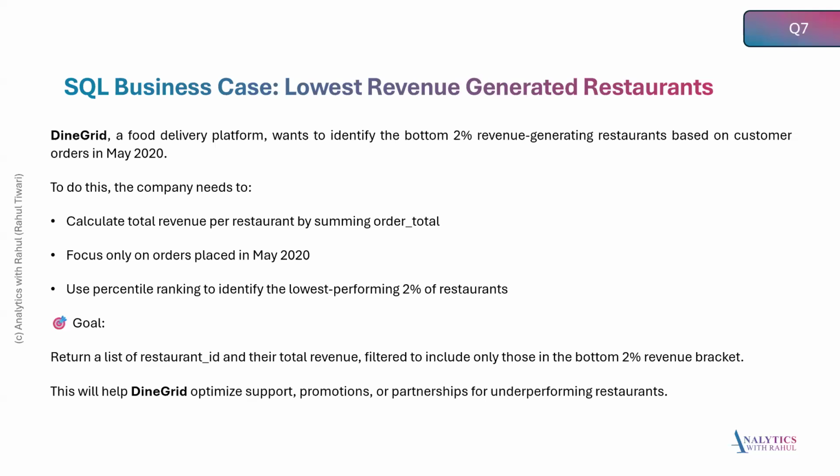Use percentile ranking or N-tile, you can use that, and identify the lowest performing 2% of restaurants. List the restaurant ID and their total revenue, filtered to include only those in the bottom 2% revenue bracket. This will help DineGrid optimize support, promotions, or partnerships for underperforming restaurants. Right, so let's write the query.